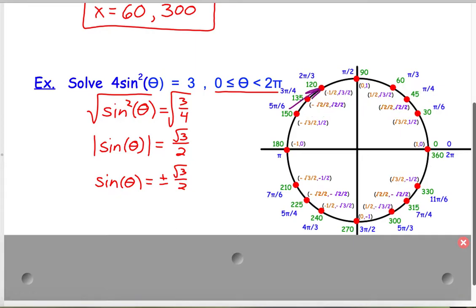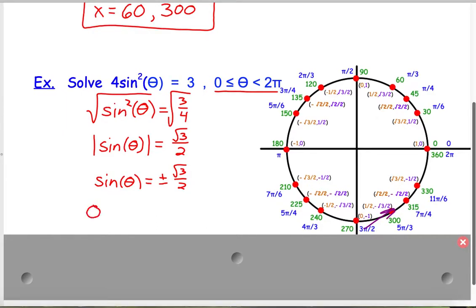Over here at 120, or 2 pi over 3. And then jump down to here. It's negative root 3 over 2 at 4 pi over 3. And then across here, negative root 3 over 2 at 5 pi over 3. So those are our 4 spots, pi over 3, 2 pi over 3, 4 pi over 3, and 5 pi over 3. And so those are our answers for theta.